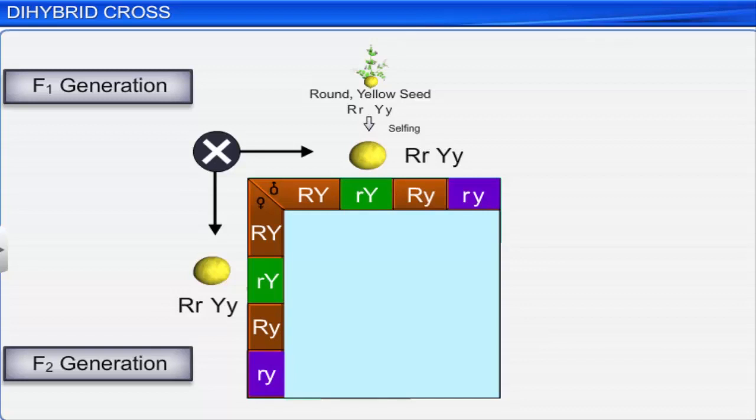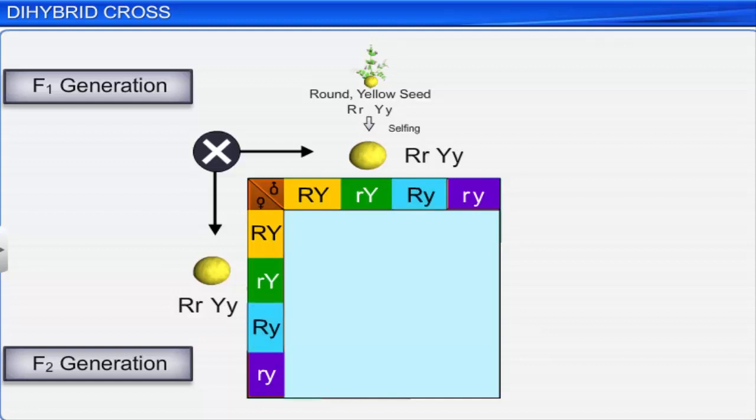Similarly, 50% of the gametes bearing capital R has capital Y, and the remaining 50% has small y. Therefore, the genotypes of the gametes are of four types, namely capital R, capital Y, capital R, small y, small r, capital Y, and small r, small y.